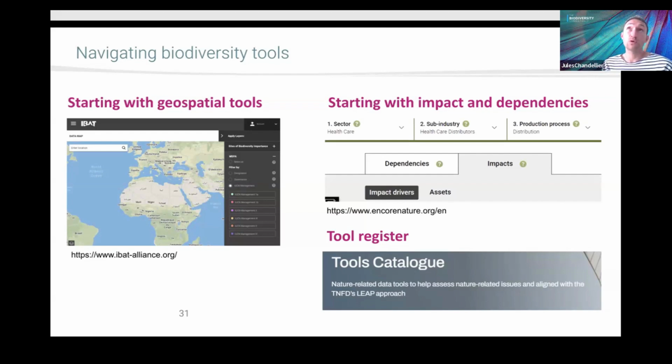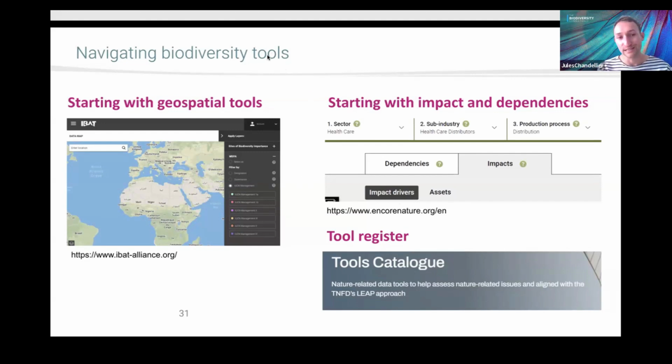IBAT is a very good one. There are a lot of different layers. For instance, there are the World Protected Area layers, which is a geospatial tool that you can access freely, and you can see all the protected areas that occur in the world.